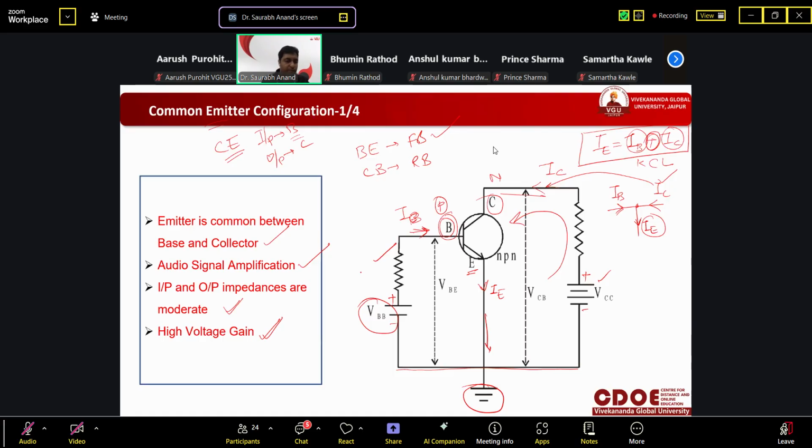Voltage gain is AV, generally written as output voltage upon input voltage. So if AV is high, then output voltage should also be high. Vi is already low, because in an audio signal the voltage is low. If we want to increase gain, we have to increase the output voltage, so voltage gain is high in this case.